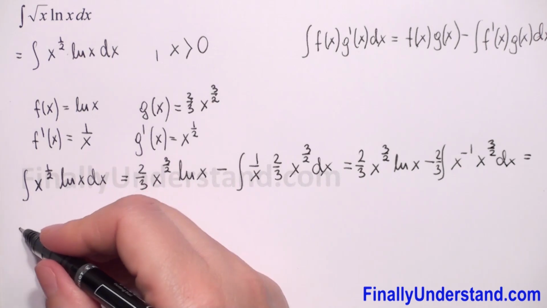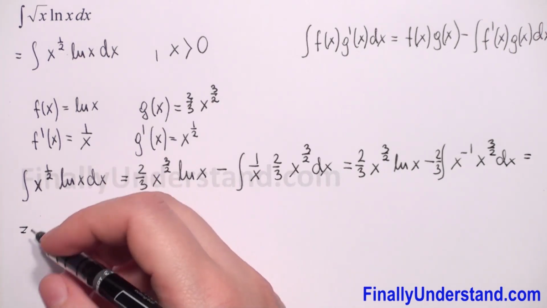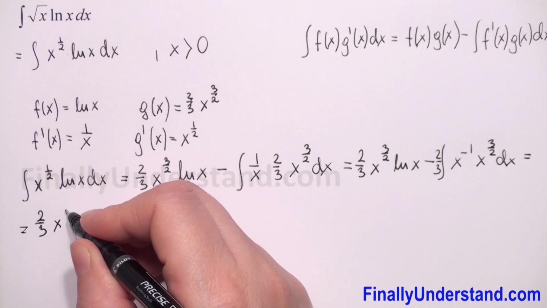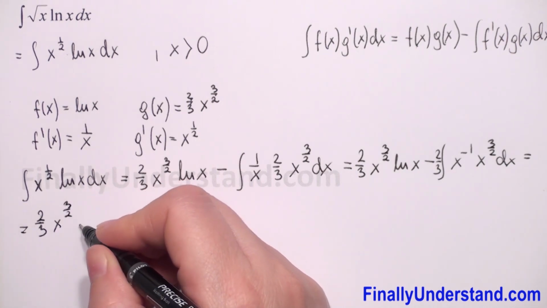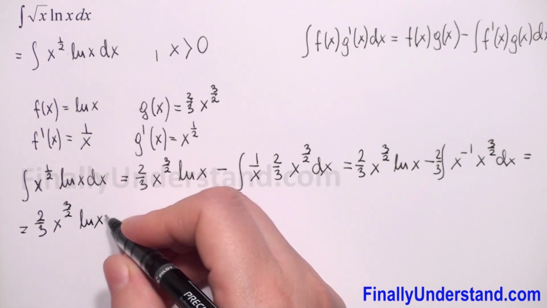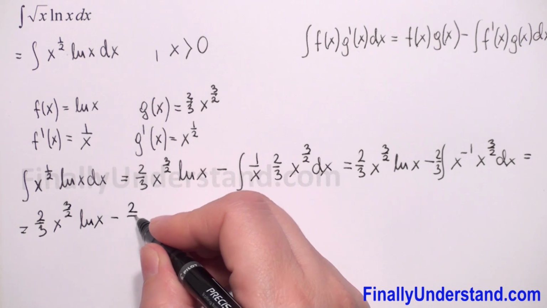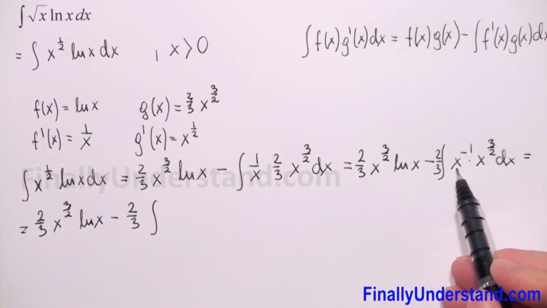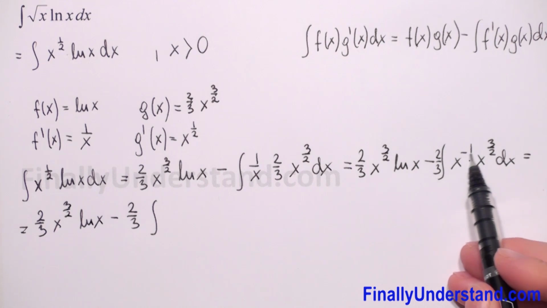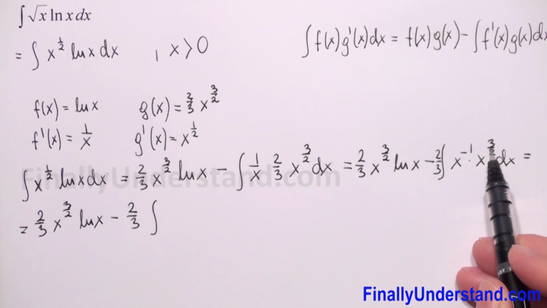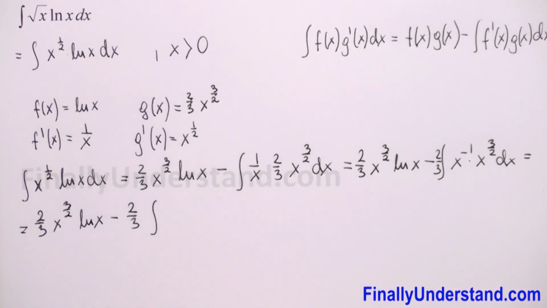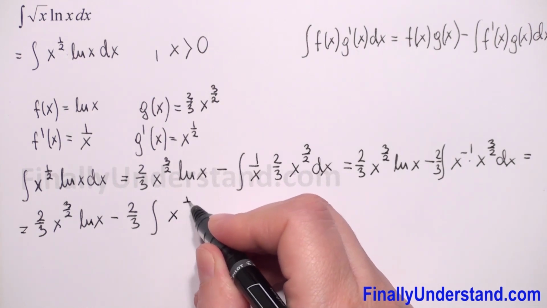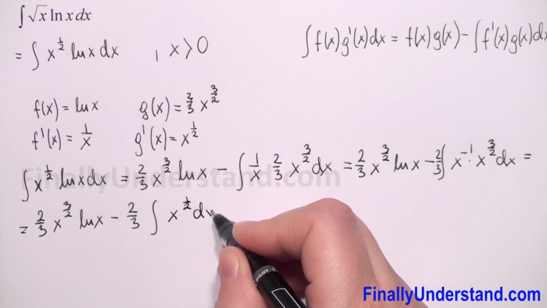This is equal. We have to copy the beginning: 2/3 x to the power 3/2 natural logarithm of x minus 2/3 times the integral. We have the same base, so we need to add exponents. 3/2 plus -1 is x to the power 1/2 with respect to x.